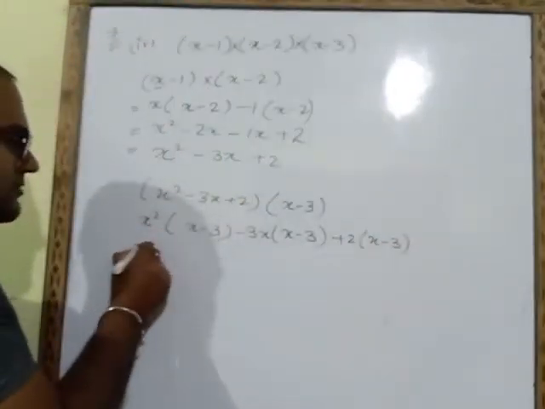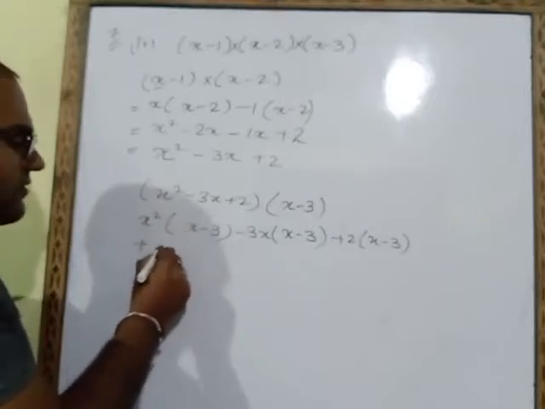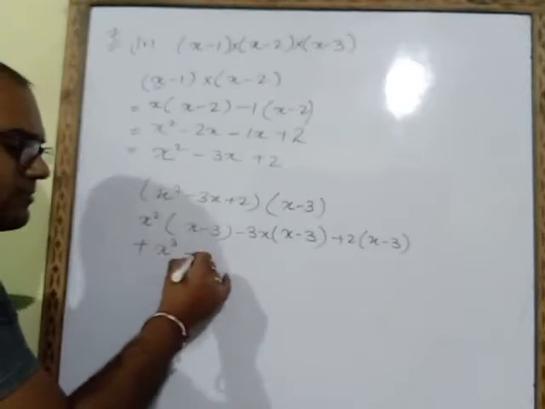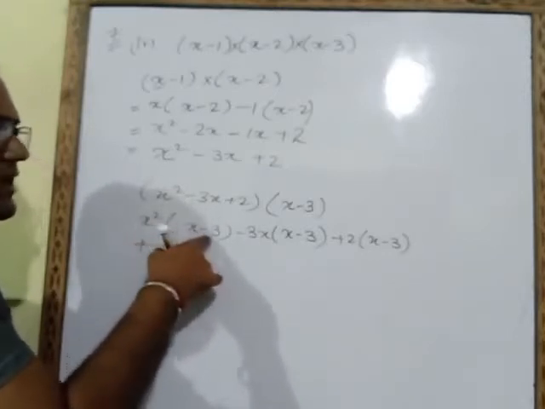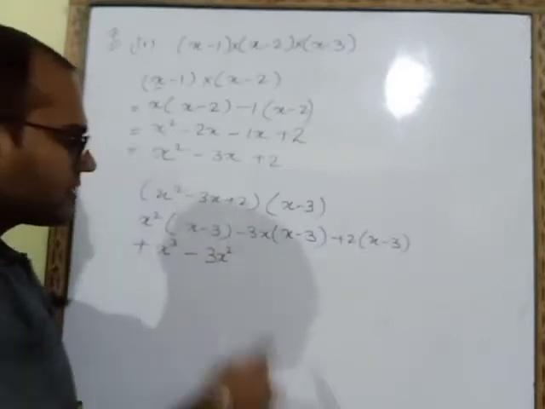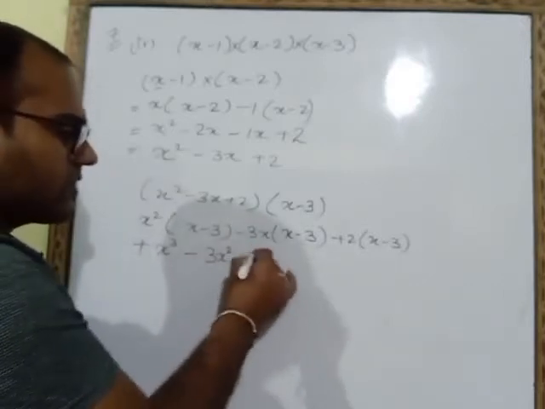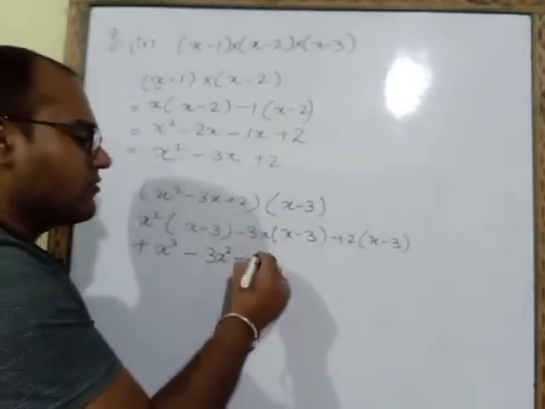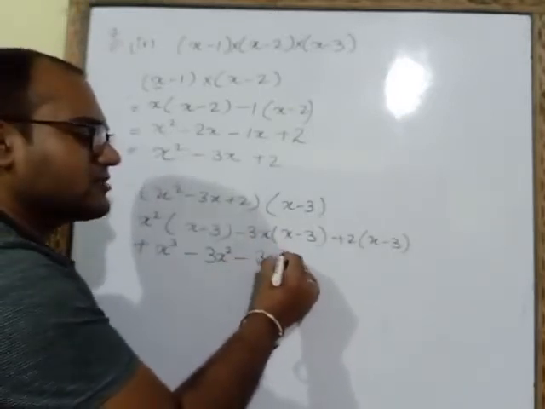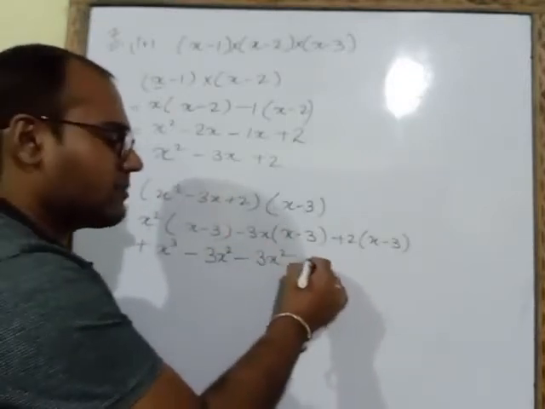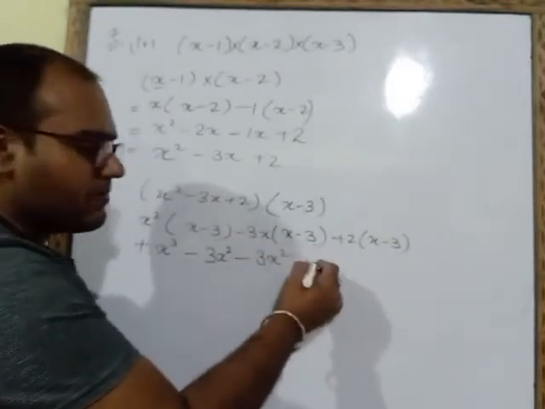Plus plus plus, x square into x when we will do, we will get x cube. Plus minus minus, x square into 3 when we will do, we will get 3x square. Minus multiply plus will be minus 3x into x when we will do, we will get 3x square. Minus multiply minus plus 3 into 3 will be 9.